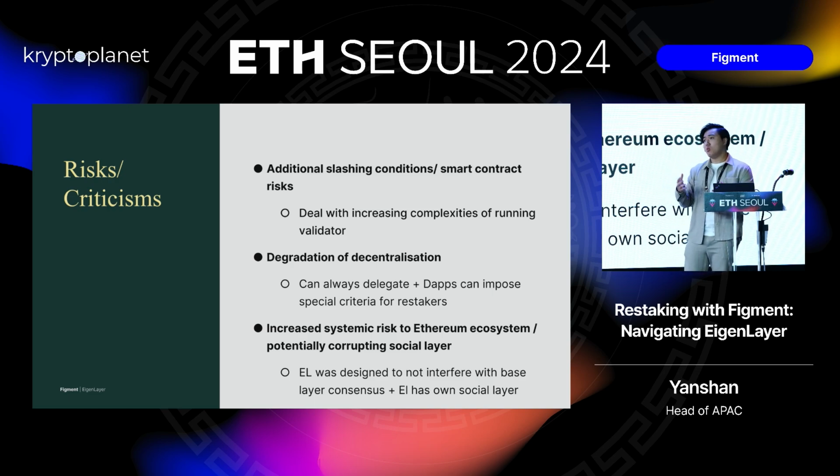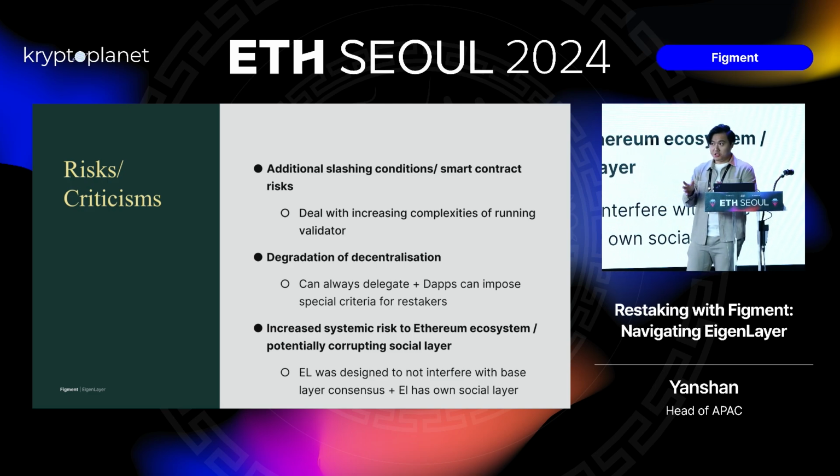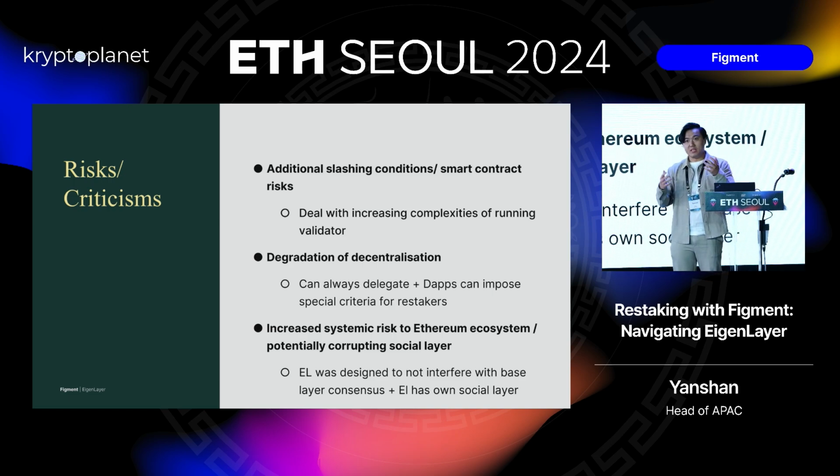So in a way, I think what Vitalik mentioned was pretty pertinent, which is that if the losses caused by such an incident are kept to the validators and the restakers that are participating in this particular AVS, that's okay, right? But if it spills to the Ethereum base layer, then that is a huge issue, right? Because then maybe the Ethereum community has to consider a reorg or even a hard fork, and that will be detrimental to the entire Ethereum ecosystem, right?